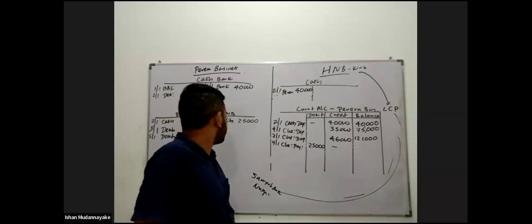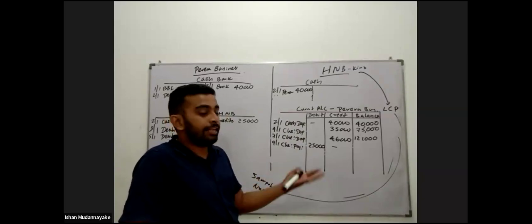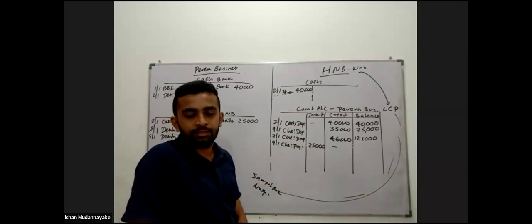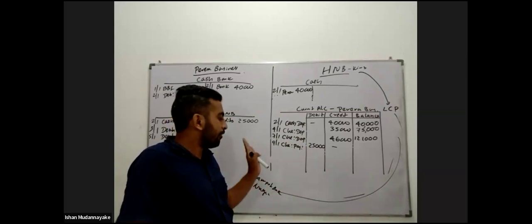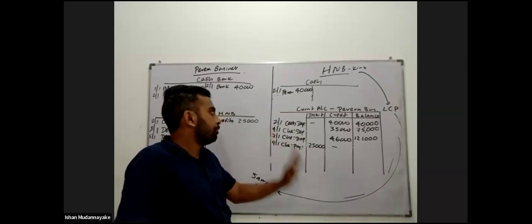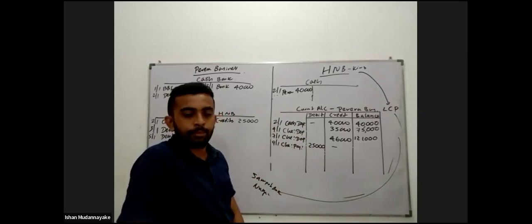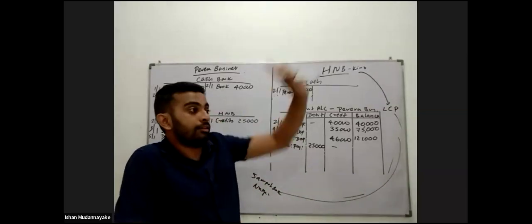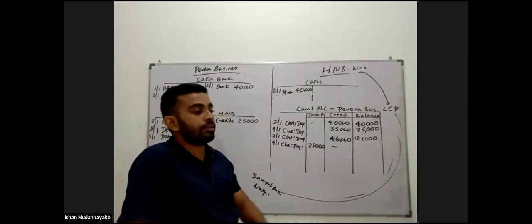Maybe 7th and 8th were holidays, Saturday and Sunday. If those two days are holidays, the bank will not issue cash to the relevant supplier. But on 9 January, the bank paid 25,000 to the supplier's account and deducted 25,000 from our account.